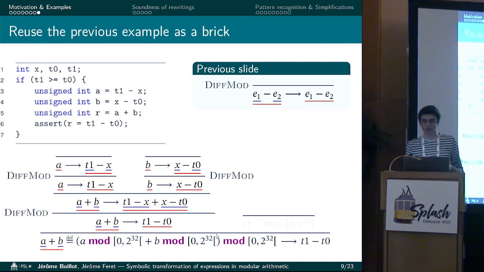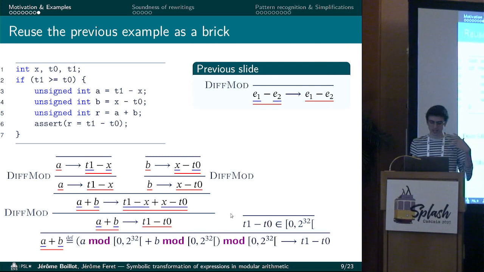So it's just T1 minus T0 evaluated in the ring 0 to 2 to the power 32. And then, again like in the previous slide, because T1 minus T0 is within 0 to 2 to the power 32, because T1 is greater than T0, we can just remove the modulo computations and we are done.